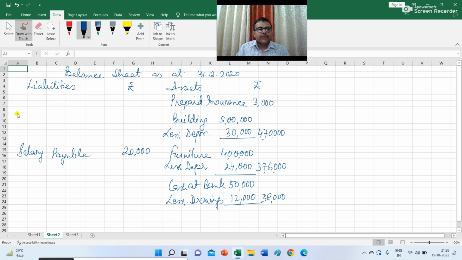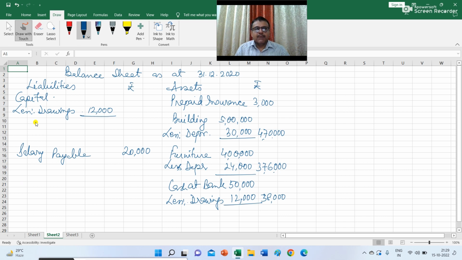And drawings you have to reduce from the amount of capital. So capital less drawings 12,000. So I have to reduce the amount of drawings from cash at bank as well as from capital. So this way I have recorded all the items on the debit side of the trial balance.